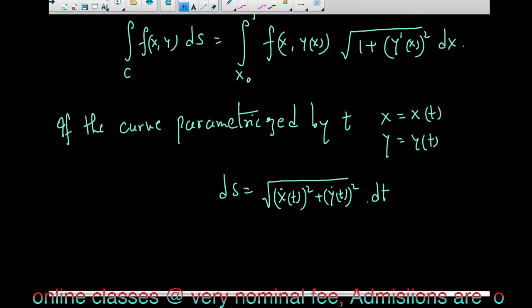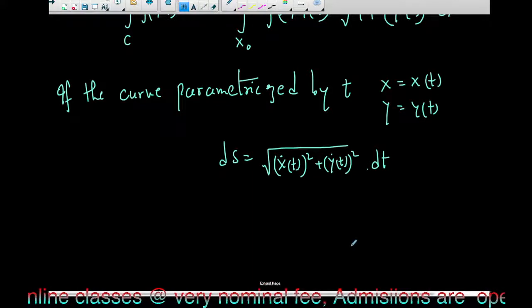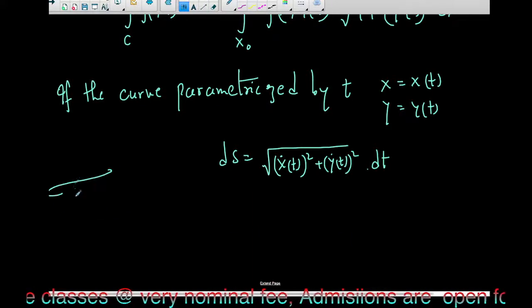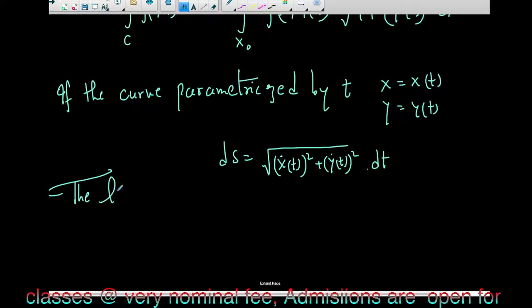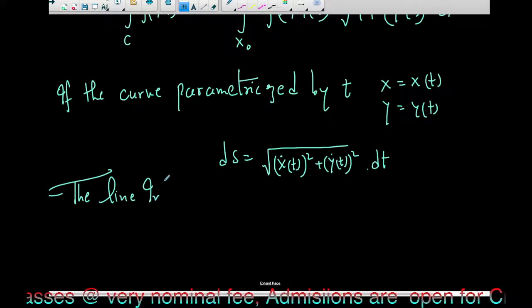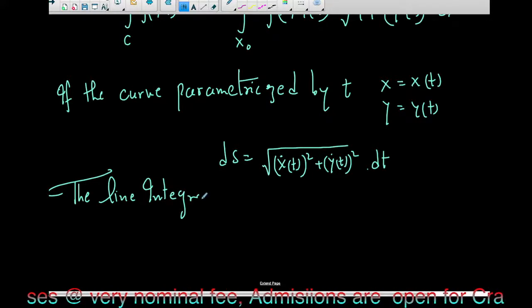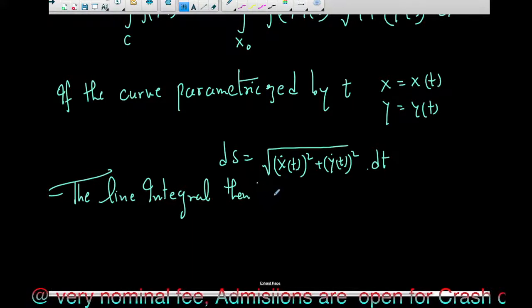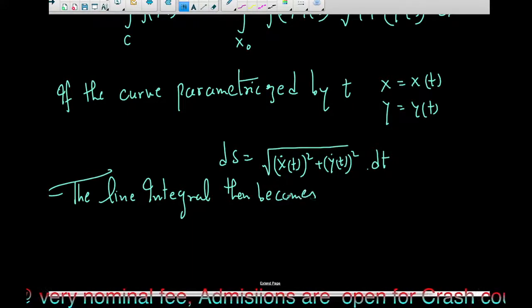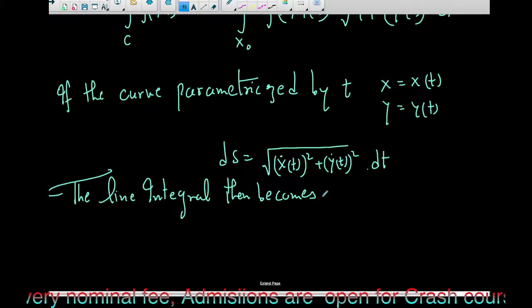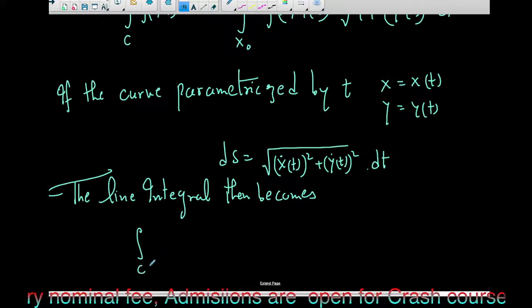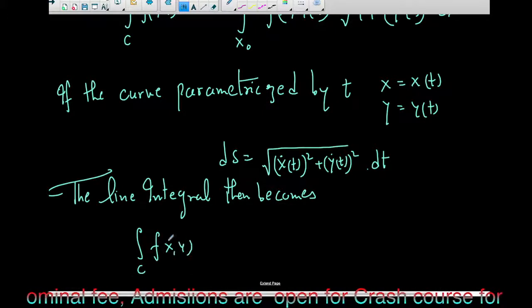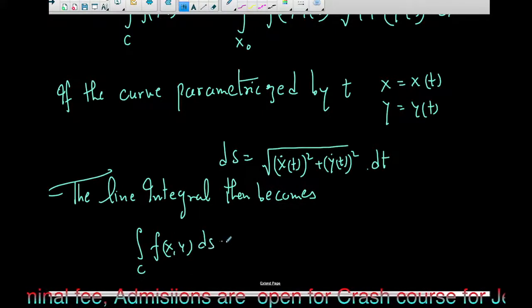So in this situation, what does the line integral then become? The line integral becomes the integral over c of f of x comma y ds.